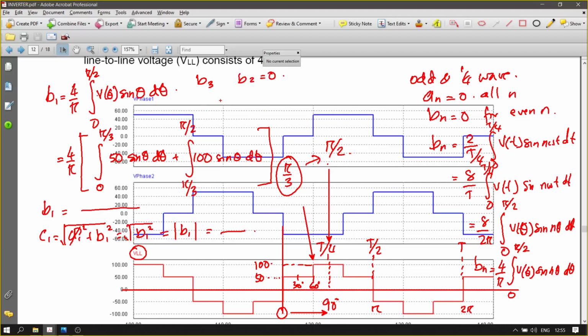So b3 can now become 4 over pi, and then this becomes 0 to pi over 2 again, v(theta), now you have sine 3 theta d theta. So you have to have two components, which is that component and that component. But now you have to replace with 3 theta there.